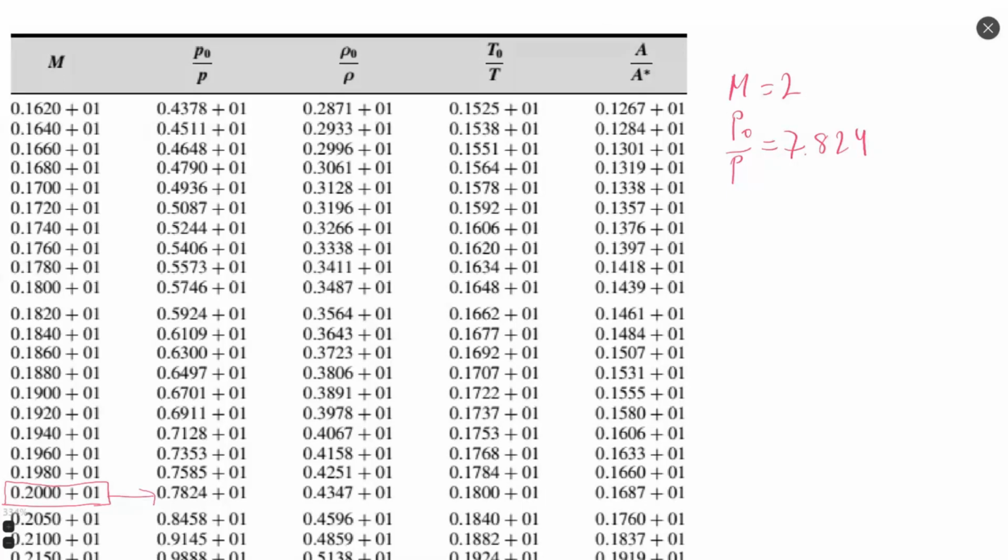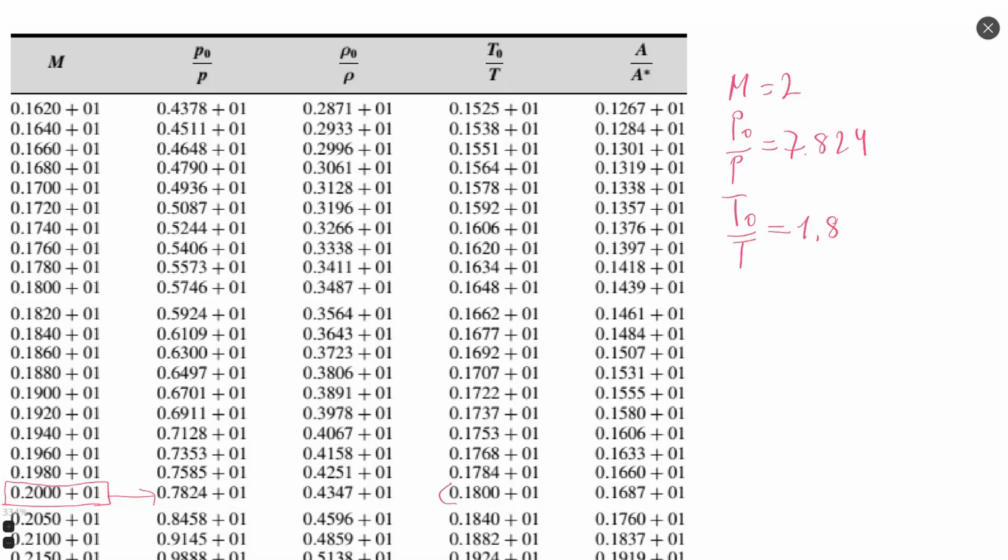Okay, let's see temperature also. Density is the same logic, but I would like to write just temperature. Temperature 0 divided by temperature would be equal to this value, 1.8.